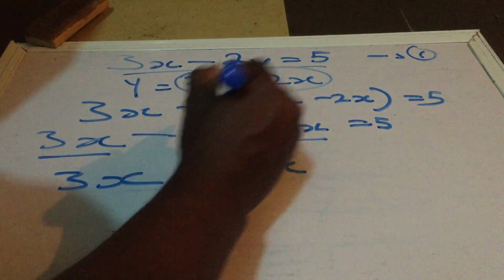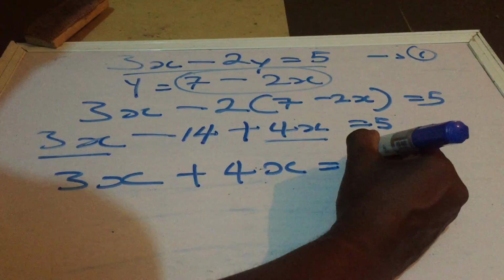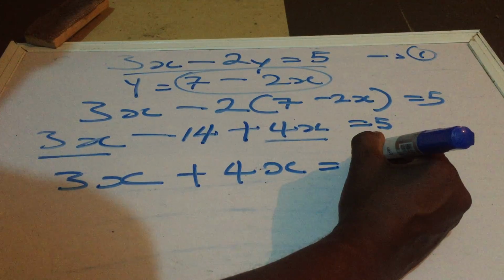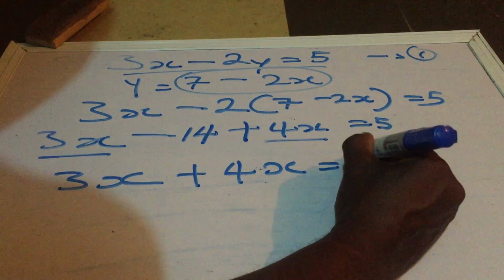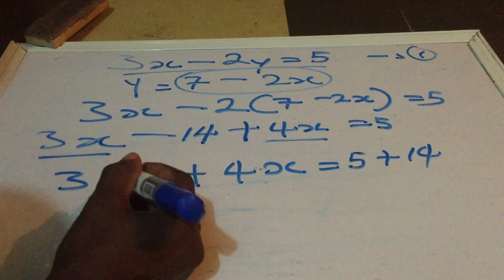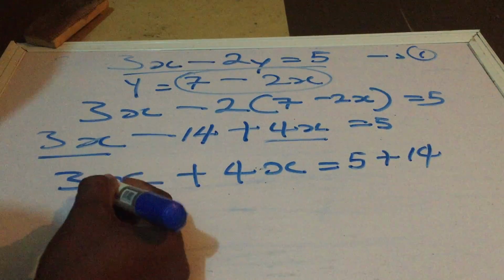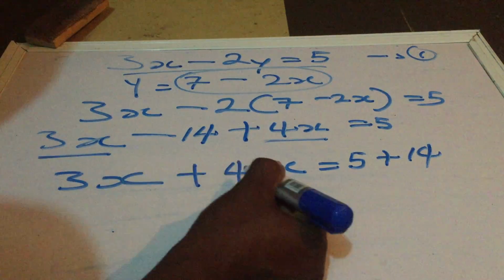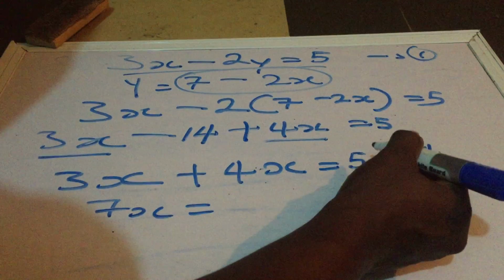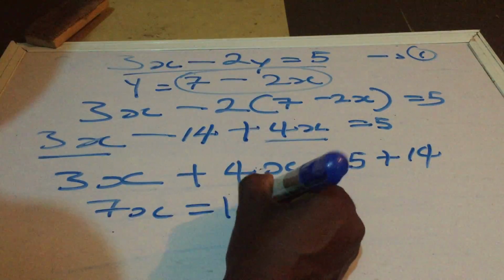Then we take the whole numbers to the other side, which gives us 5 plus 14. Now we can solve the equation easily by adding them together. 3x plus 4x gives 7x, which is equal to 5 plus 14, that gives us 19.